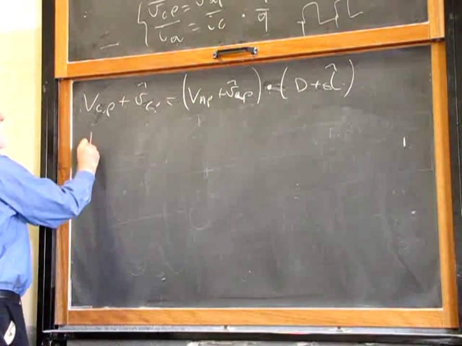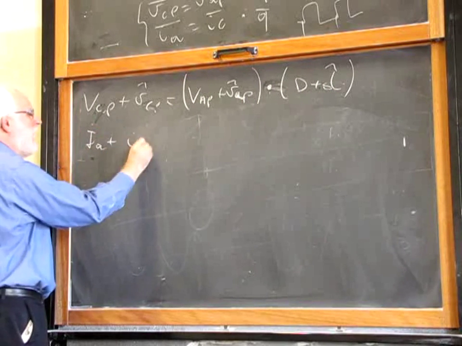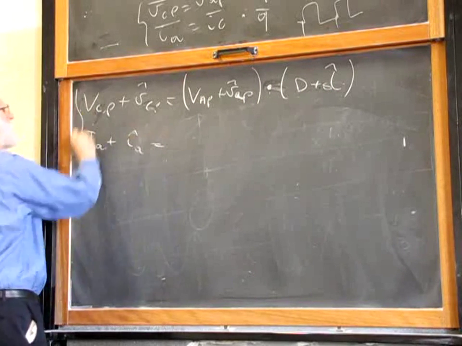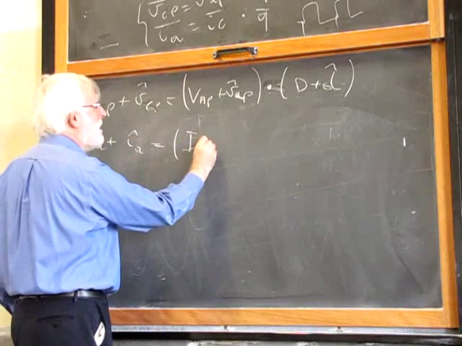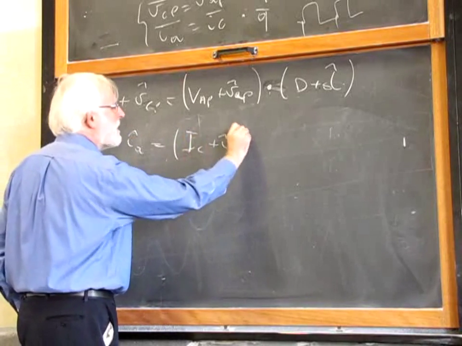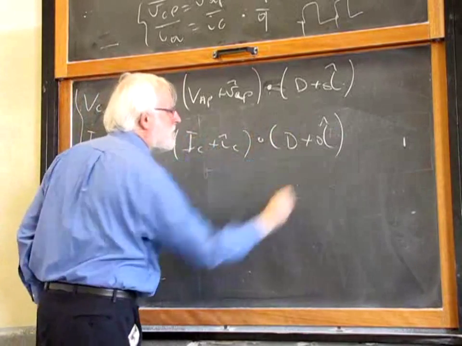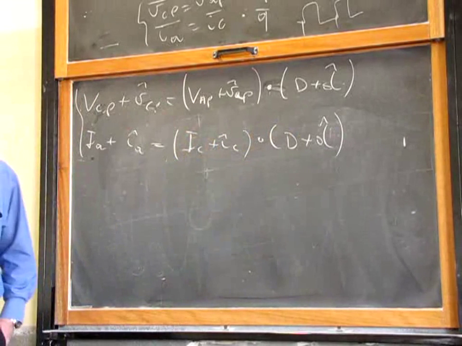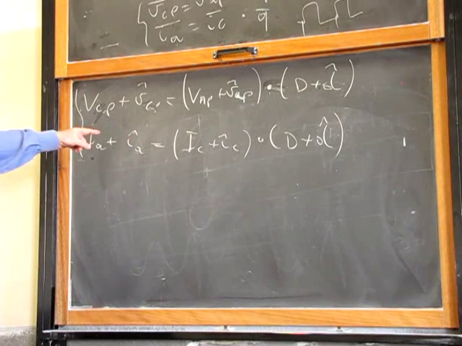And the second equation, IA DC component plus IA hat equals IC plus IC hat times D plus D hat. If I made any mistake on the subscripts, let me know. And linear or non-linear? Non-linear.